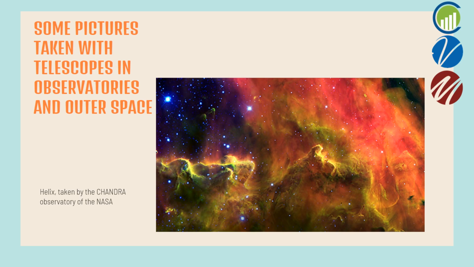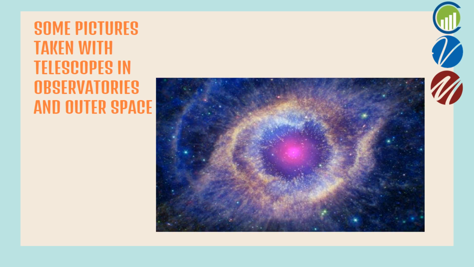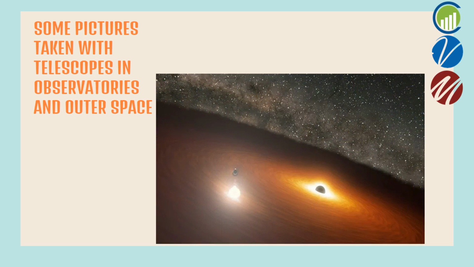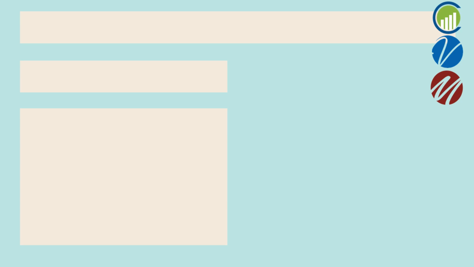Now, we have a helix taken by the Chandra Observatory of NASA. This is the helix. And last but not least, black holes dancing taken by the Spitzer in outer space. So, as you can see, they are very interesting pictures.